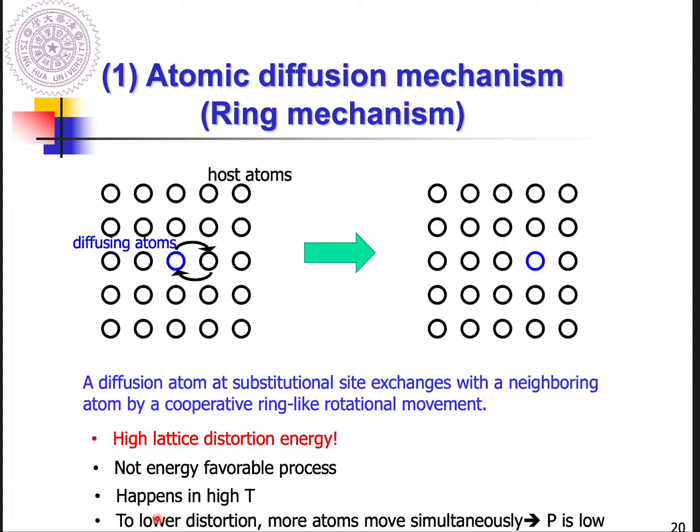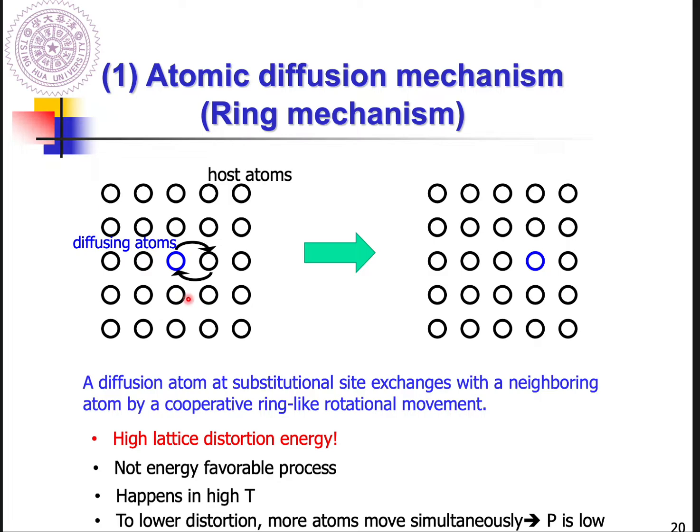But some people probably will ask, what if we can lower the lattice distortion? Does that imply that the probability will increase? That means this ring mechanism will happen more easily. Yes. But how to lower the lattice distortion? Probably some people will say, how about having more atoms move together? Yes.